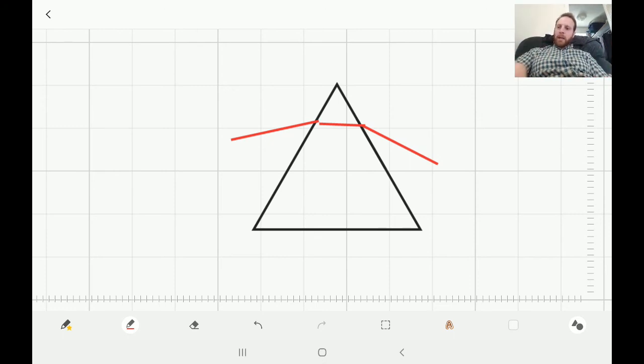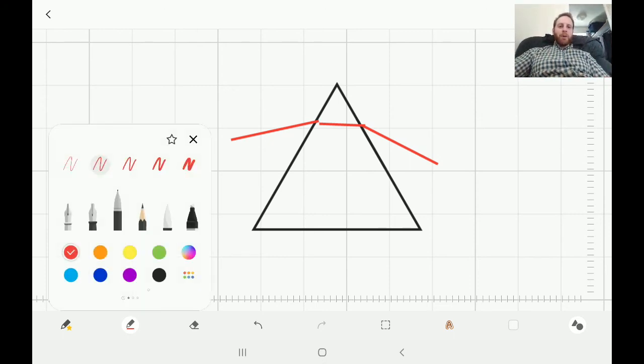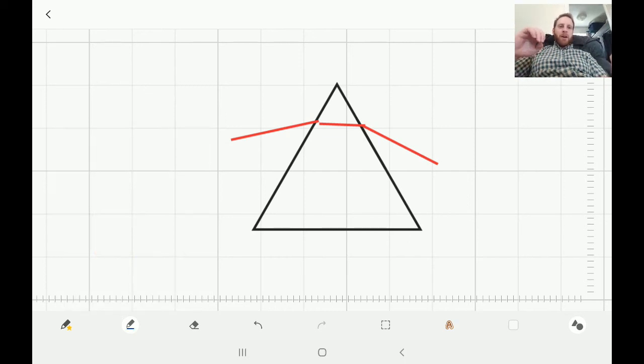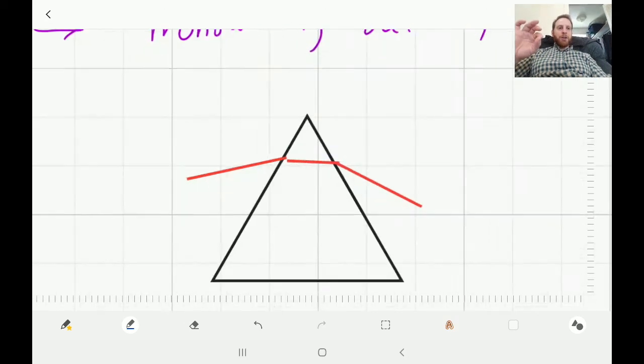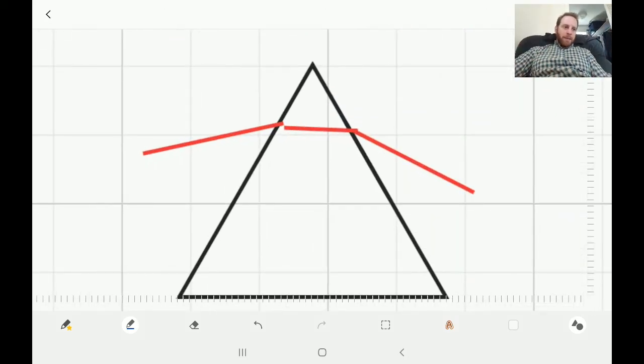I'll let you check the way the math works out, but the wavelengths that are smaller feel a slightly bigger index of refraction in the medium. So as they travel along the same path, they will bend slightly more and then bend slightly more again.